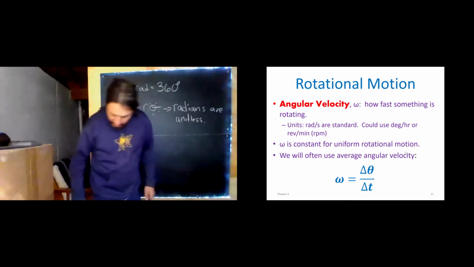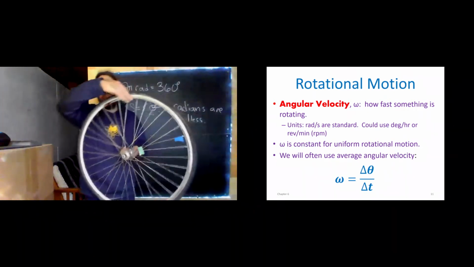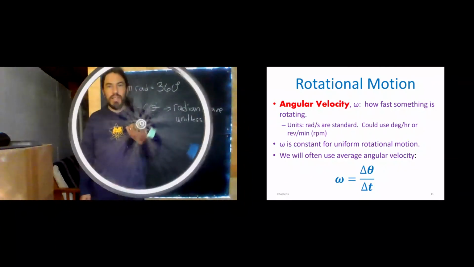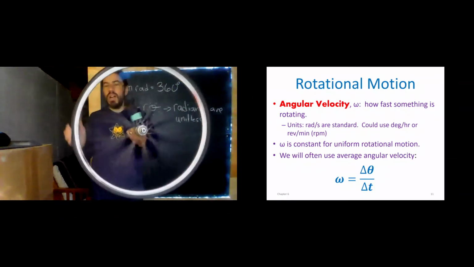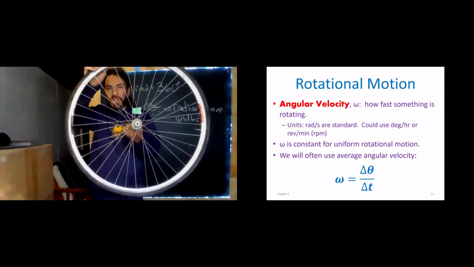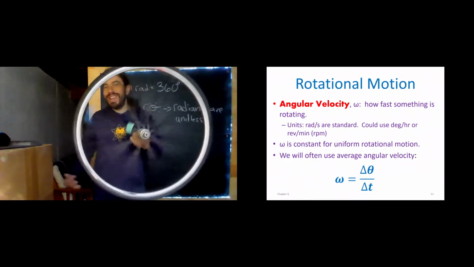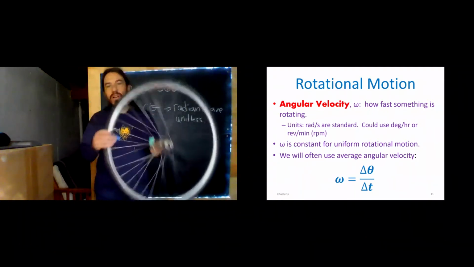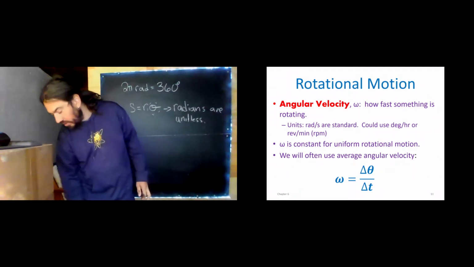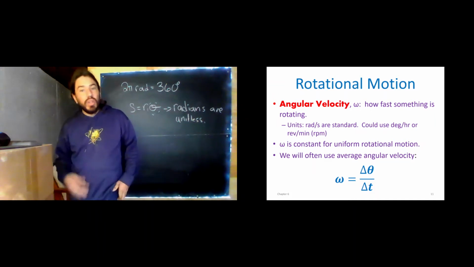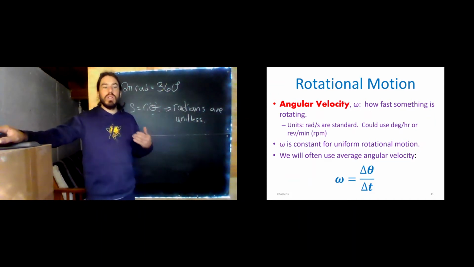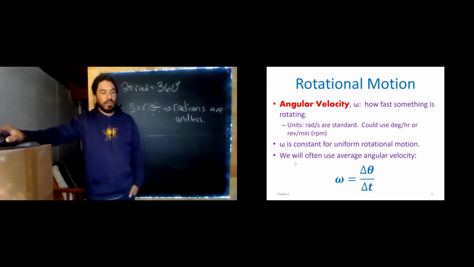In other words, rotational motion where the rate of rotation is constant, approximately this. We're not talking about this scenario from here to here when I am speeding it up. That would be accelerated rotational motion, and that's not what we're talking about right now. What we're talking about is constant or uniform rotational motion, things rotating at a constant rate.